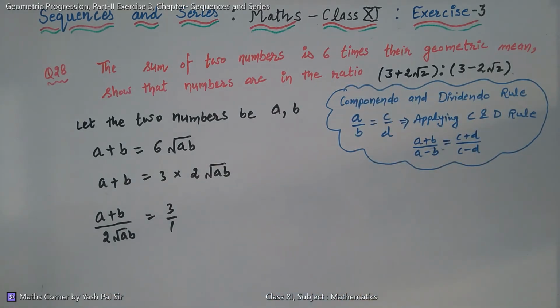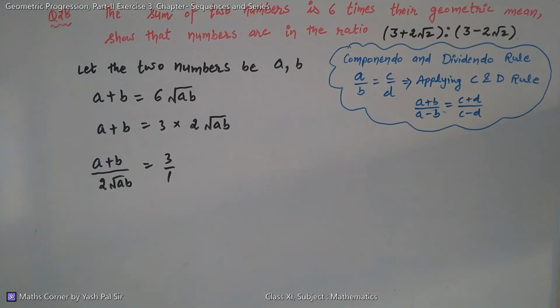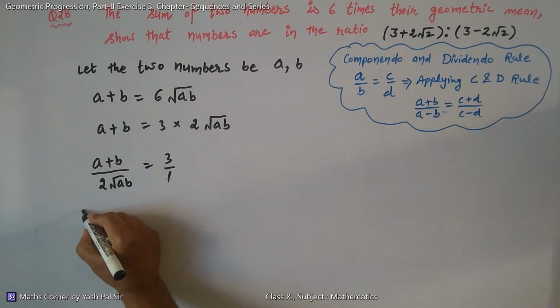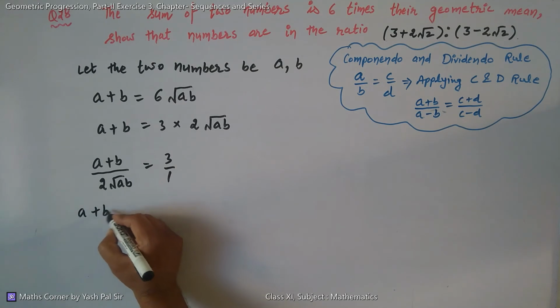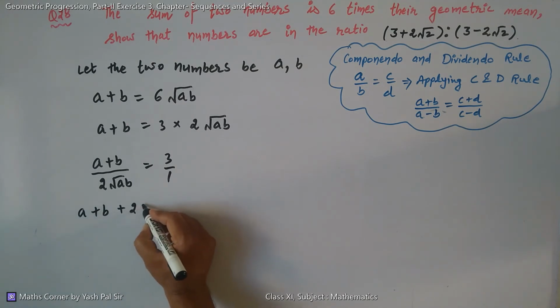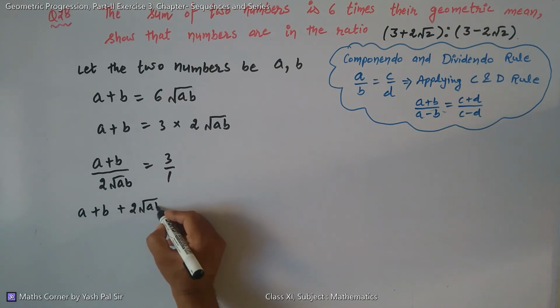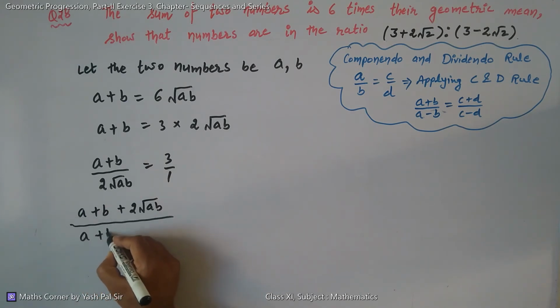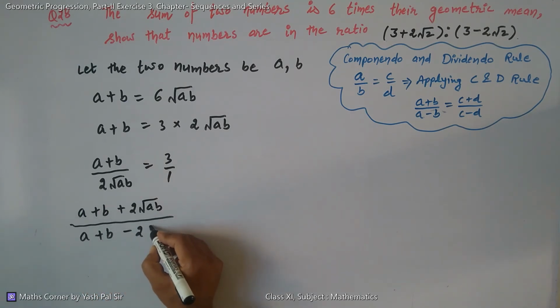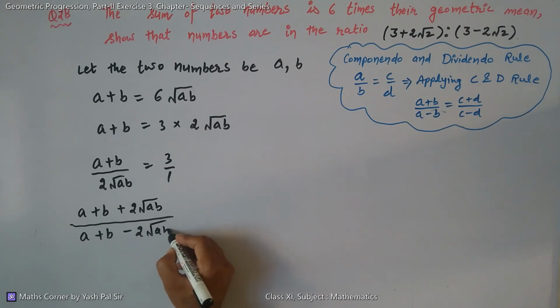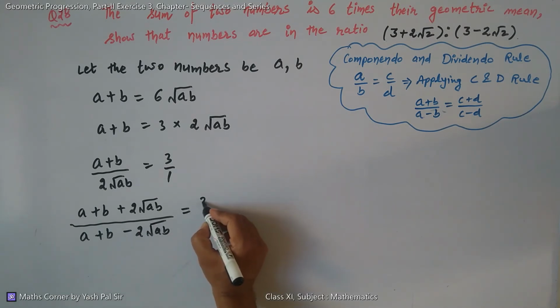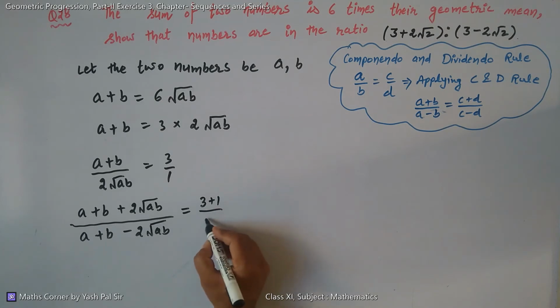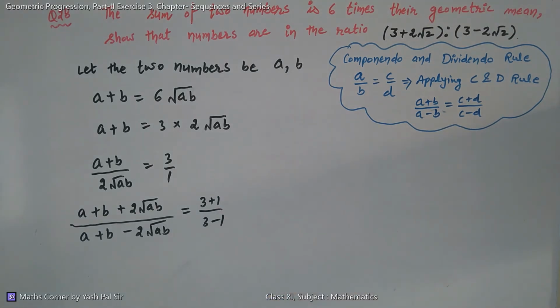How we apply? Let us see. We can write this now, (a plus b plus 2 square root of ab) divided by (a plus b minus 2 square root of ab). Right hand side is (3 plus 1) divided by (3 minus 1).